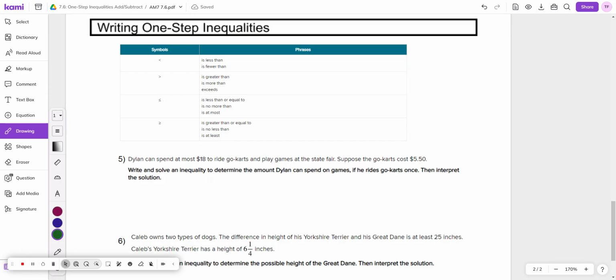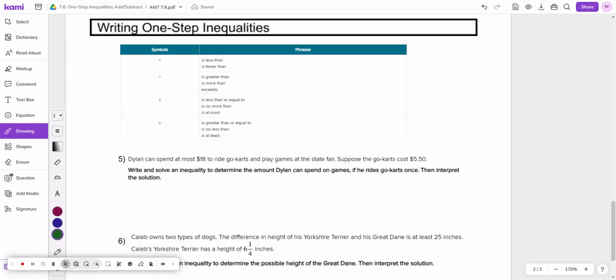Write and solve an inequality to determine the amount Dylan can spend on games if he rides go-karts once. So thinking about what all goes into that, you've got your total, and then what goes into that is the amount he spends on go-karts and the amount he spends on games. Now he's only going to the go-karts once, and he wants to know how much of the rest of the money can he spend on games.